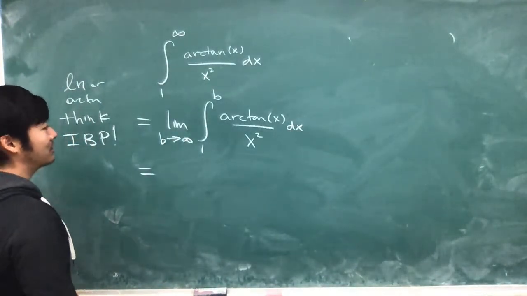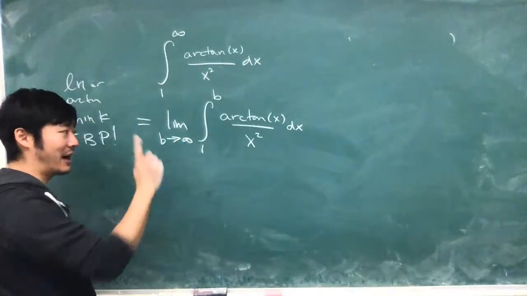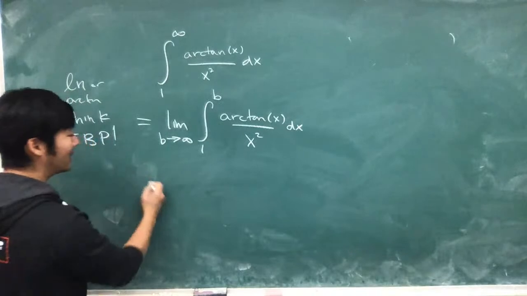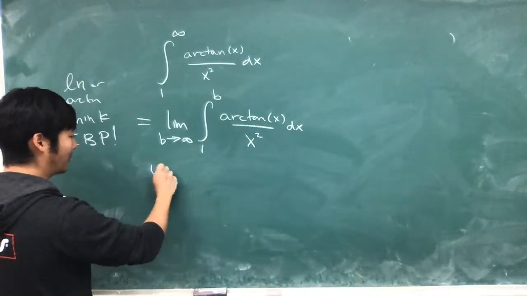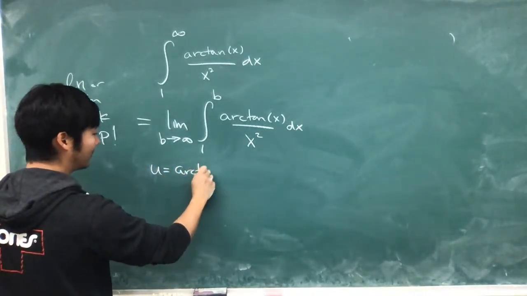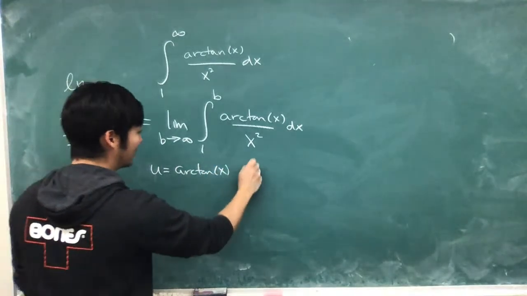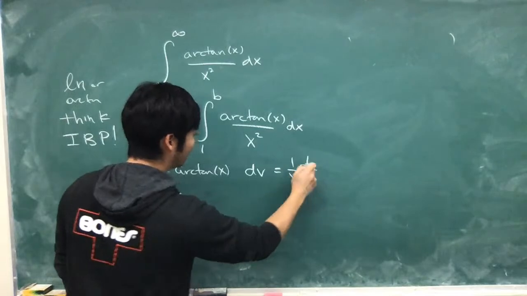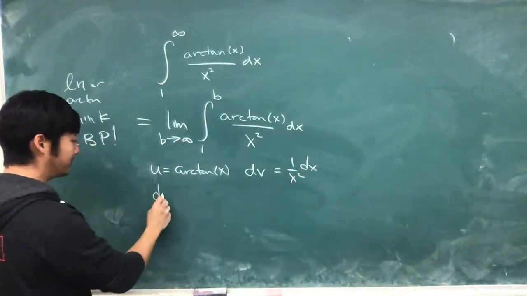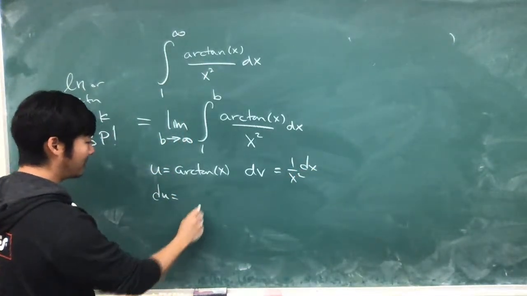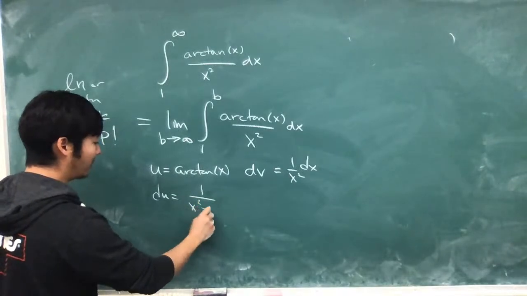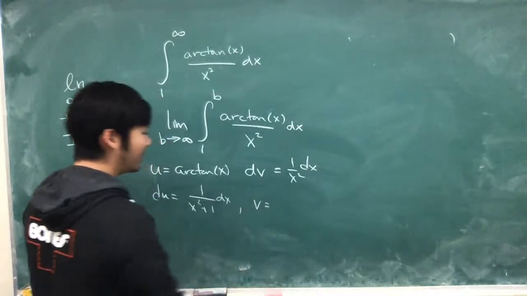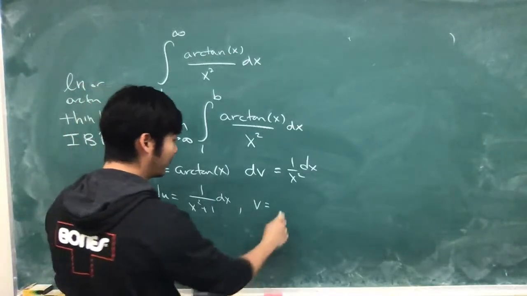So I'm going to suppress the limit symbol for now. This is slightly poor notation, but whatever. So u is arctan of x, dv is 1 over x squared dx, du is 1 over x squared plus 1 dx, and v is equal to negative 1 over x.